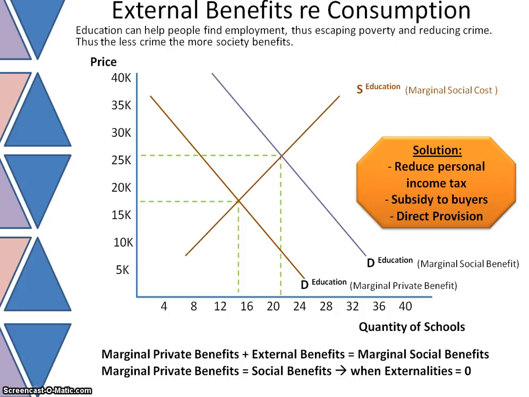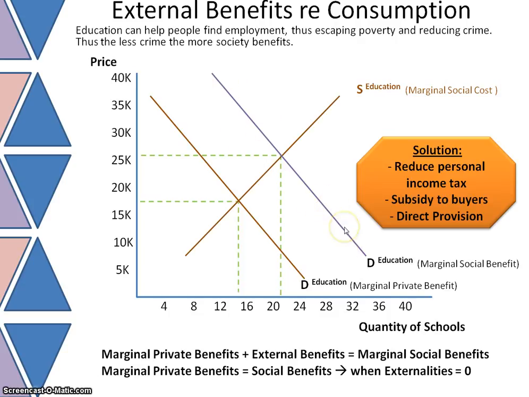In this particular diagram, we again revisit our example of education. Education provides a positive externality, and what we're saying is that that positive externality causes the difference between the marginal private benefit that is incurred by an individual as opposed to the marginal social benefit that could be enjoyed by society.